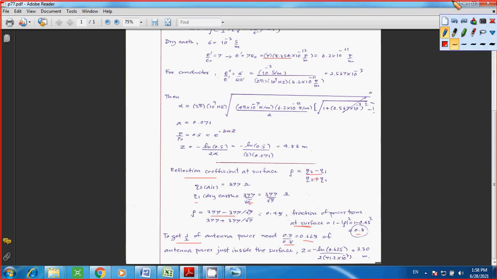Then the power ratio, instead of 0.5, now turns out to be 0.625, divided by 2 alpha, the attenuation constant. That gives you 3.3 meters. Okay, so that's about our antenna.